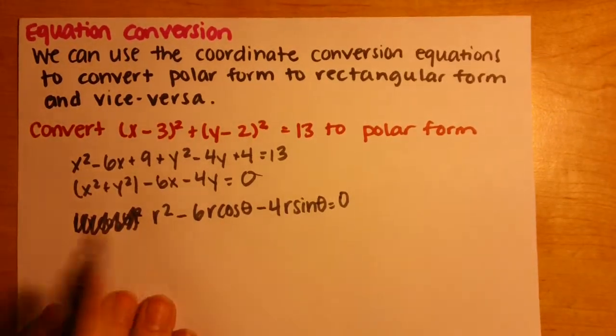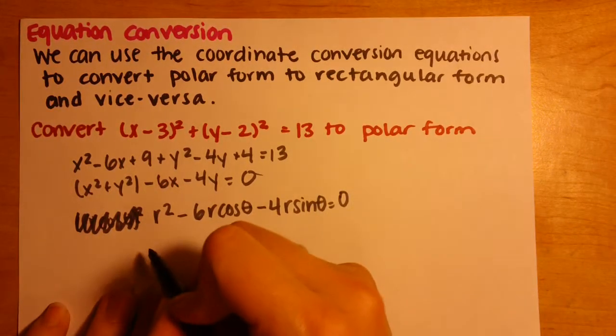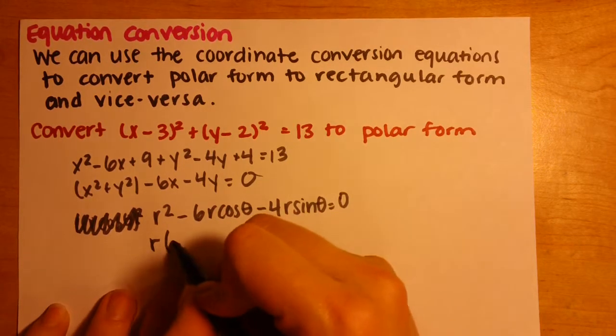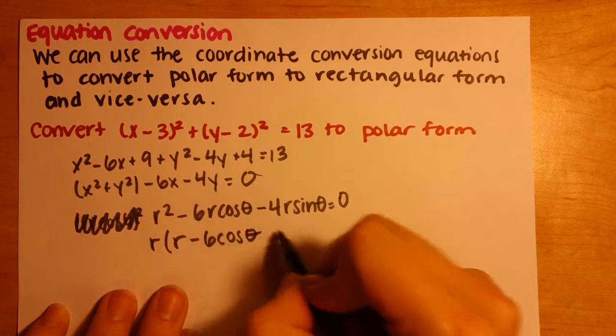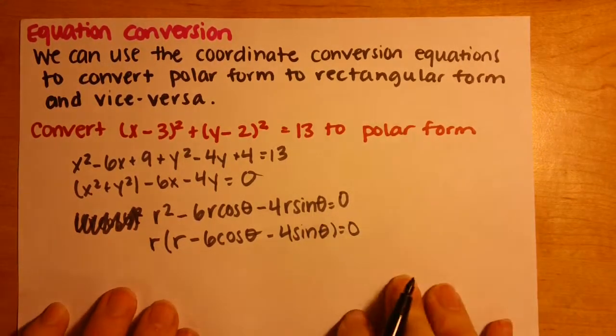So now, going from here, I can factor out an r. So I have r times r minus 6 cosine theta minus 4 sine theta equals 0.